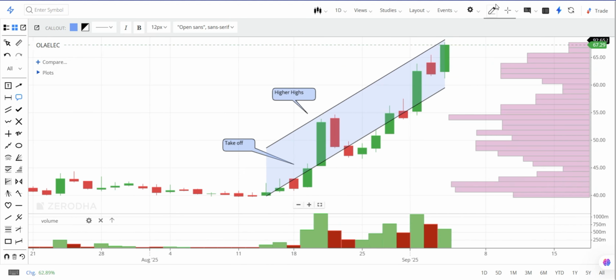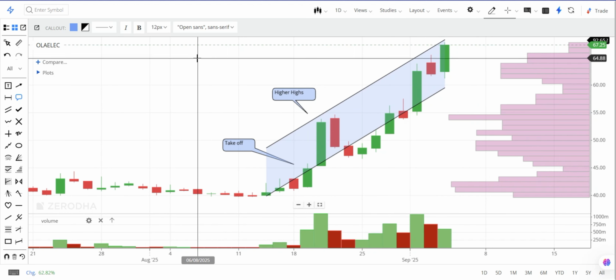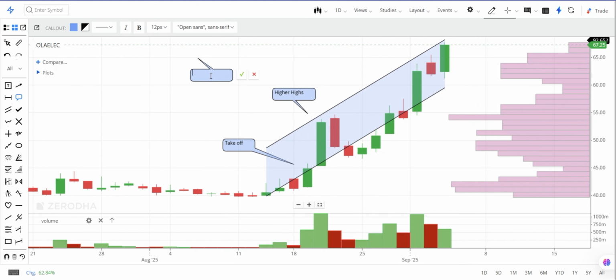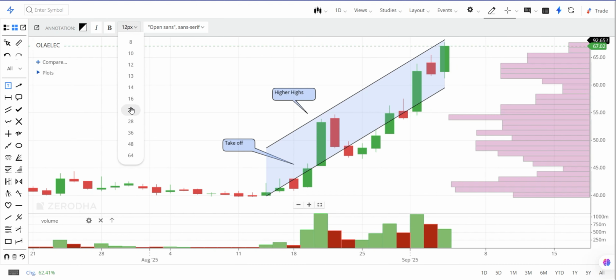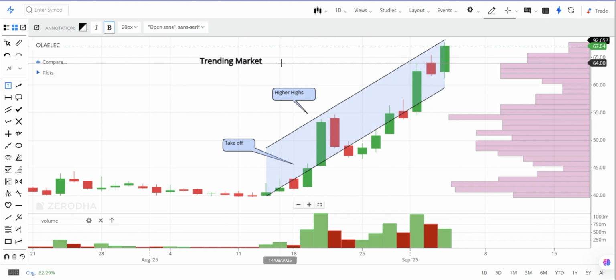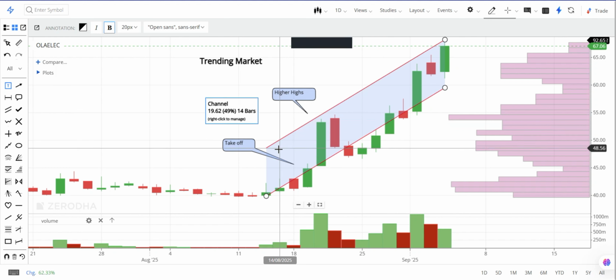It's basically a trending market. Rather, I'll add a text box over here. So you see, this is the trending market. In this market, it is very easy that you get in.